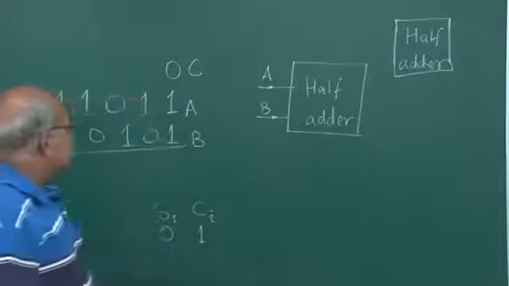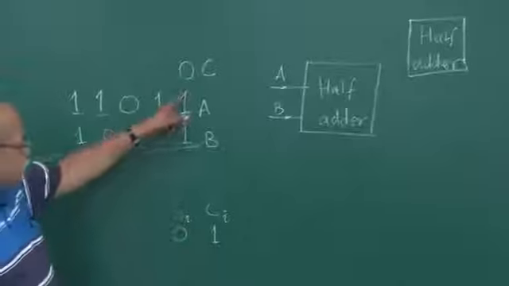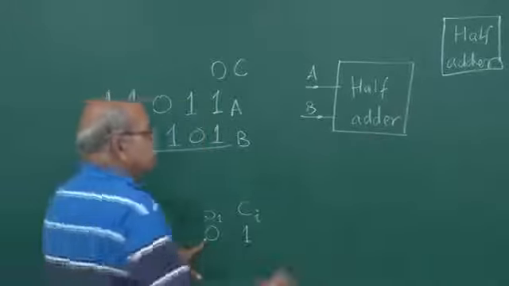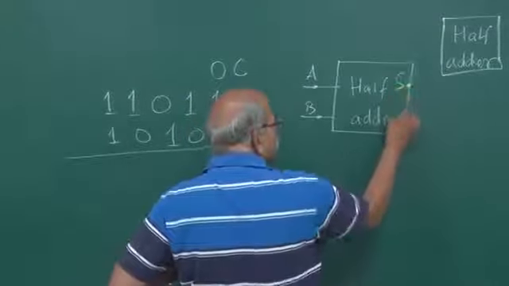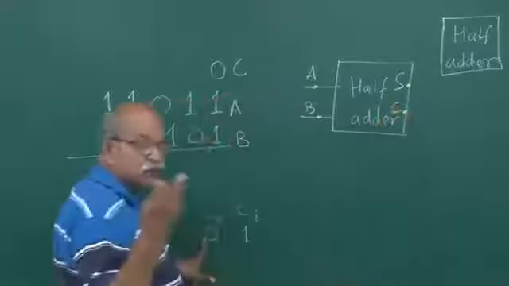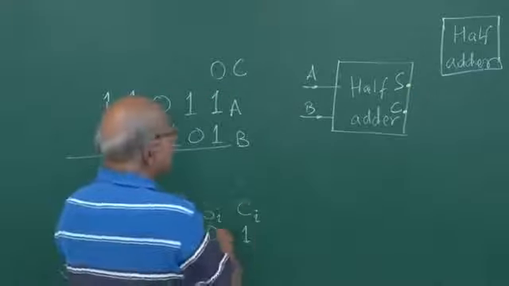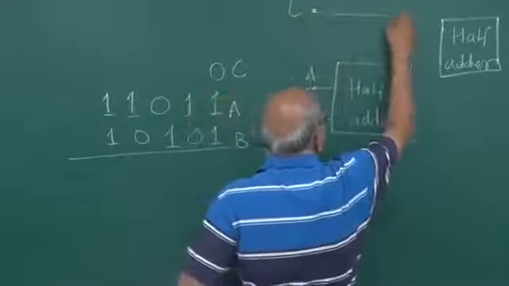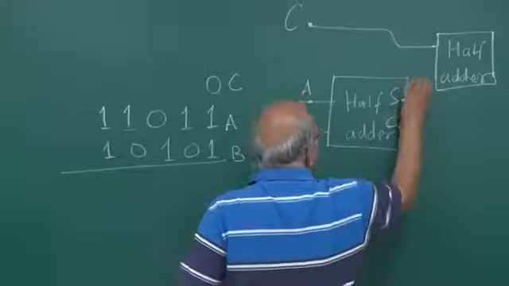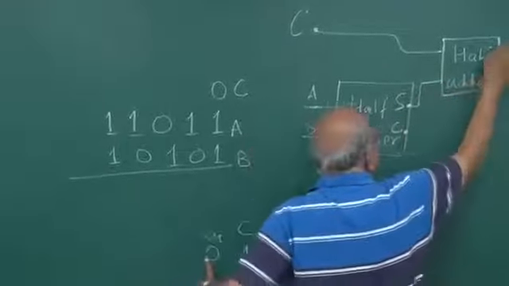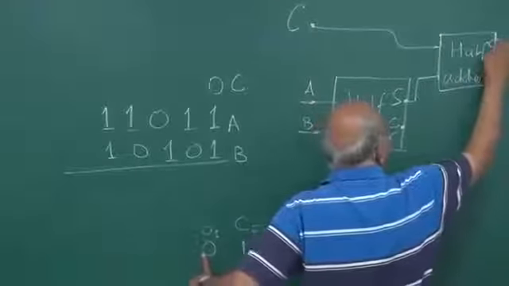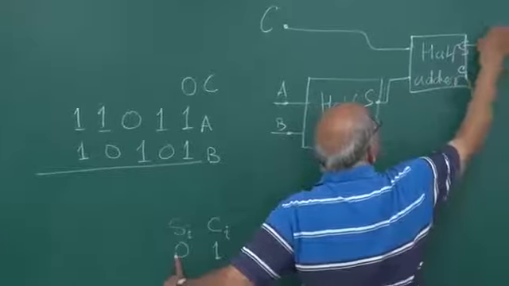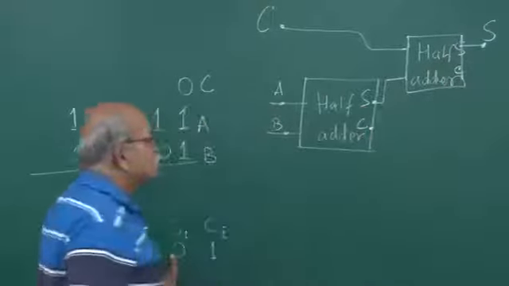And I say that the sum that I am getting from this, so this is the sum point, this is the carry point, you know, in the half adder you have two outputs. So this sum and that carry, and here that is the carry. So this carry and this sum go here, and then the sum, this is our final sum.